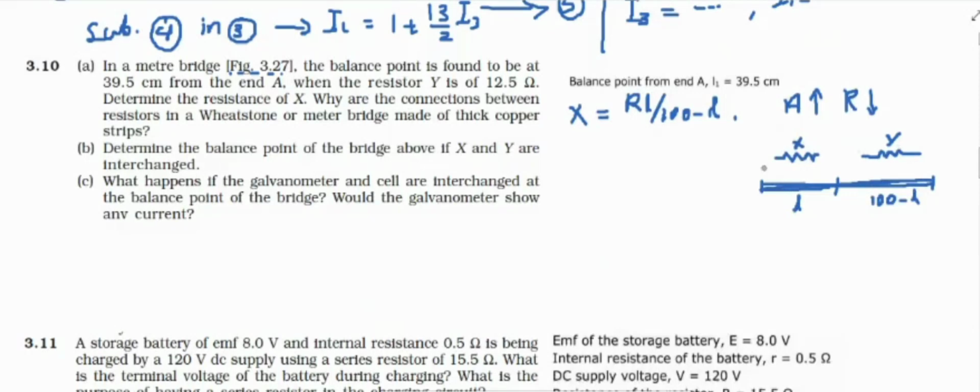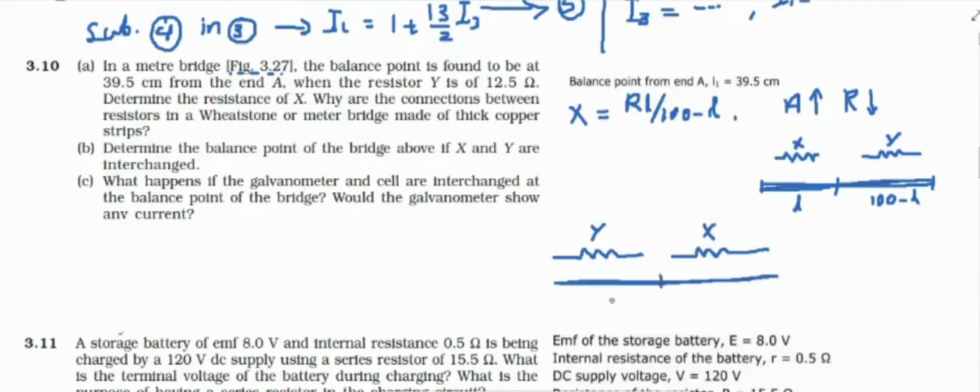Now X and Y are interchanged. When X and Y are interchanged, what will happen? Here you will have Y, here X, on the 100 centimeter wire.